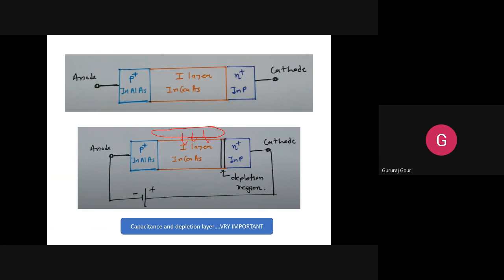This is the intrinsic layer where your photons are falling, and as a large current is already flowing, the carriers generated by the photons will not make any sense because of the small depletion region. Because of the small depletion region, in the forward biasing condition, the majority of the current is controlled by the majority carriers. Try to understand here.